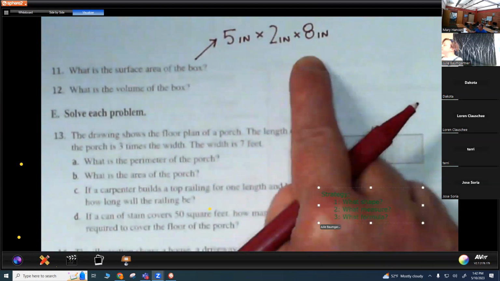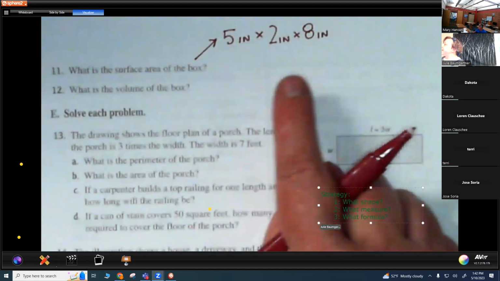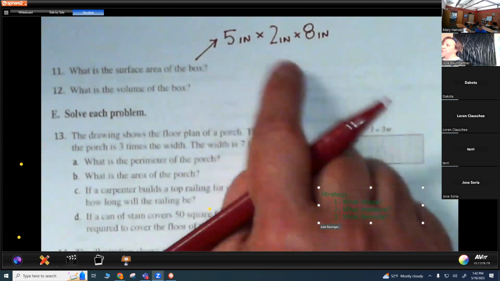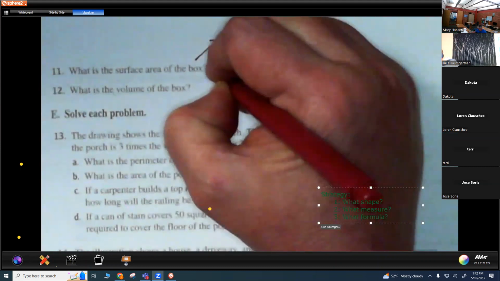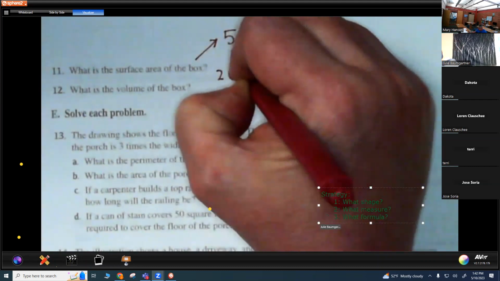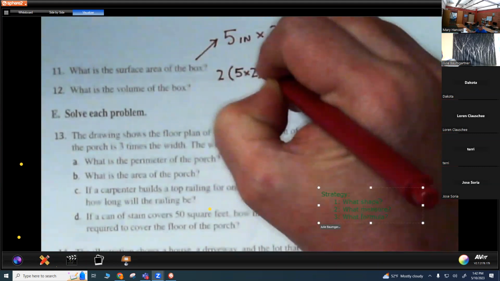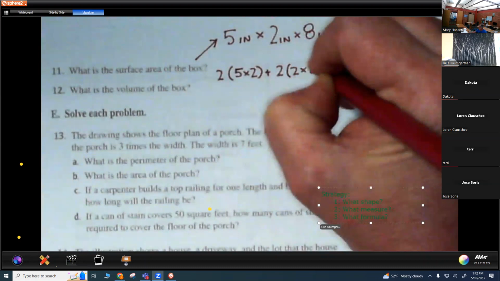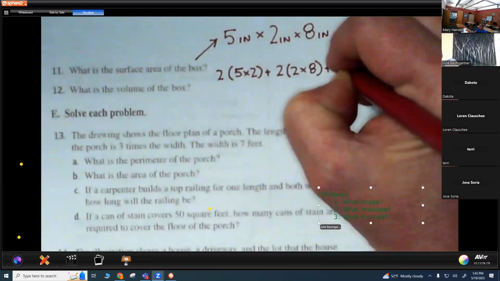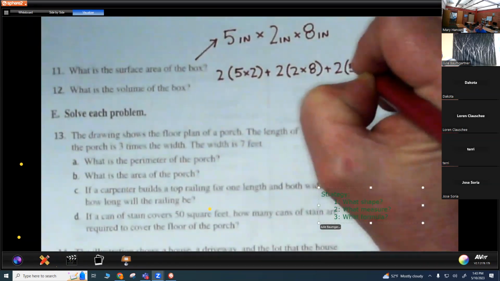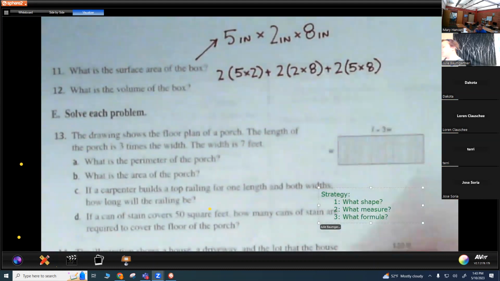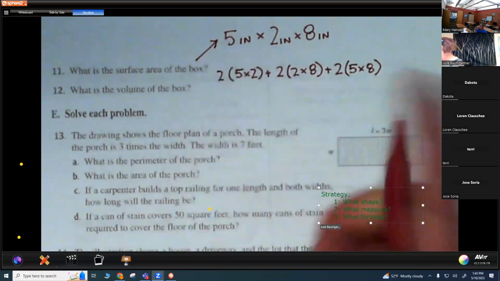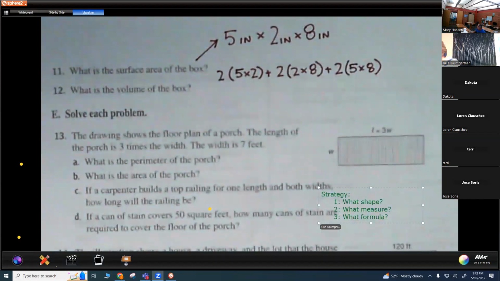So to calculate the surface area, we take 2 times the combinations we can do here. So we do 2 times 5 times 2 plus 2 times 8. All right, so does everyone see how, if we kind of, yes.